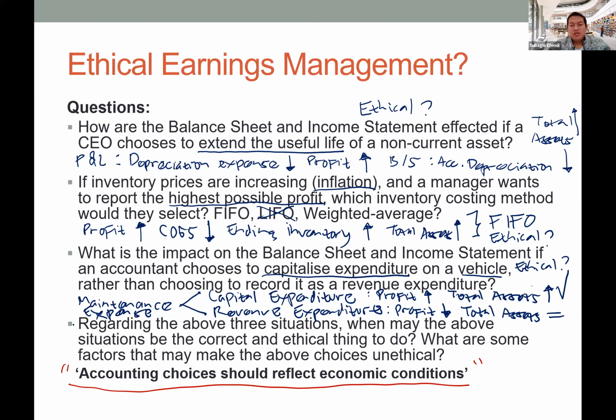But if physically the vehicle is not really improved with the maintenance, because the maintenance is simply minor maintenance, and the company chooses capitalization because they want to report high profit, then that will be unethical.